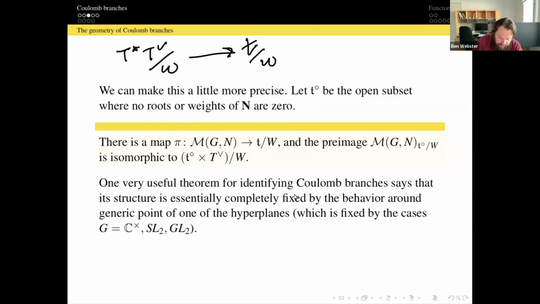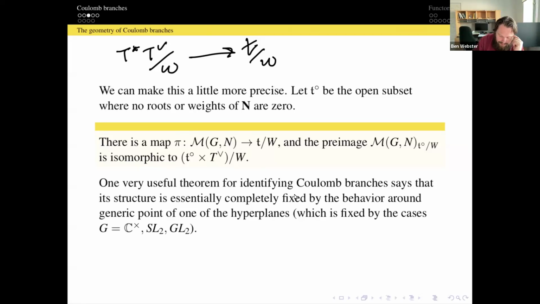So if I restrict to the subset, I take the pre-image of this open set. So I'm removing some divisors from my Coulomb branch. Then I just get T check multiplied by this open subset of the torus, and mod out by W. So one useful way to think about Coulomb branches is that they're gotten by taking this open set and then doing something a little bit interesting on these hyperplanes where things go wrong.